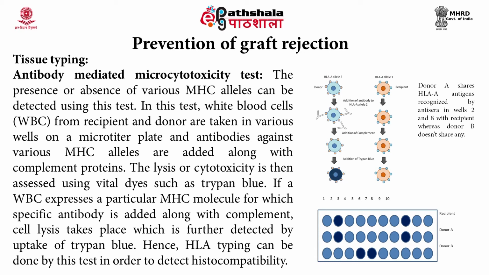The lysis or cytotoxicity is then assessed using vital dyes such as trypan blue. If a WBC expresses a particular MHC molecule for which a specific antibody is added along with complement, cell lysis takes place, which is further detected by uptake of trypan blue. Hence, HLA typing can be done by this test in order to detect histocompatibility.